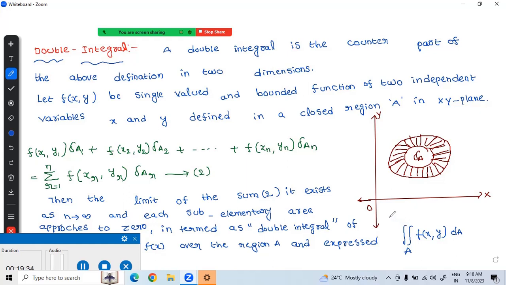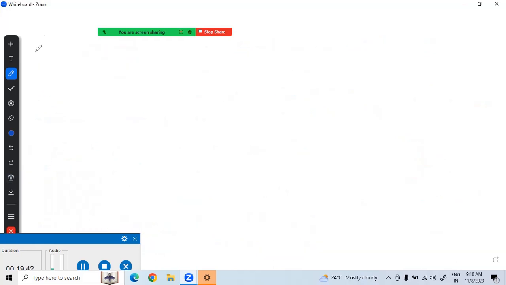Okay, thus write down, continue next step. So thus double integration means simply find out area, f of x comma y dA or delta A, limit n tends to infinity, f of xr comma yr delta AR, equation number 3.